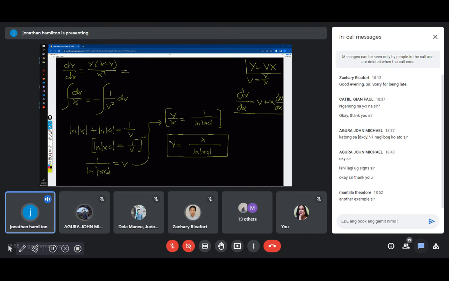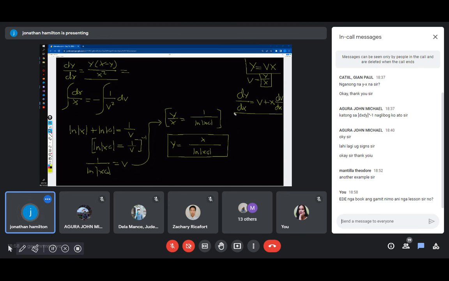So again, to reiterate, our steps here are to simplify the equation, or simplify the polynomial, so that we can see y over x. Substitute the value of y over x with v. Substitute dy over dx with our value here.